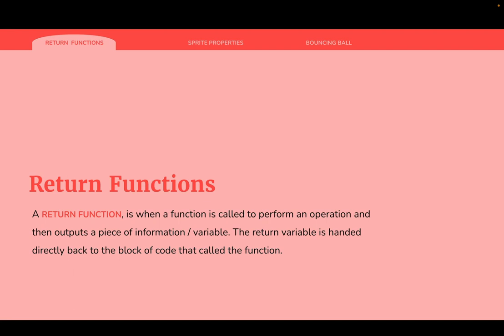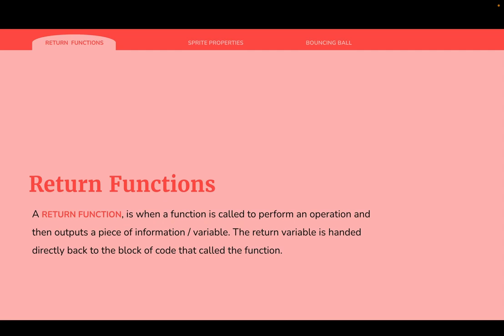And we talked about if we were going to write that function as a void function, I would write the function so it just adds the two numbers together and that's it. Whereas if I were going to write that function as a return function, I would write a function that adds two numbers together, the same as the void function does, but then I would add on the extra piece where it then returns the result of that task. So in this case, it would return maybe the sum of those two numbers.